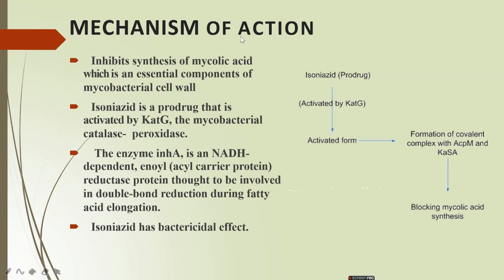The basic mechanism of action of this drug is that it inhibits the synthesis of mycolic acid, which is an essential component of the mycobacteria cell wall. Isoniazide is a prodrug that is activated by KAT-G. It is basically a prodrug which, after metabolism, is converted into the active form by an enzyme KAT-G, the mycobacterial catalase peroxidase.